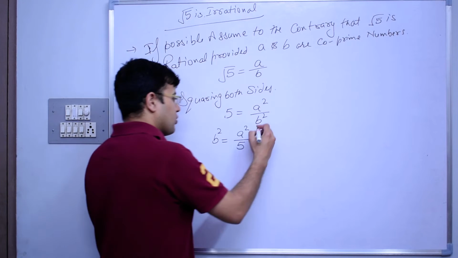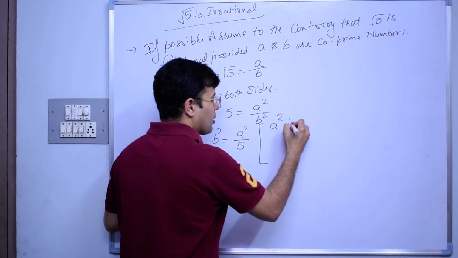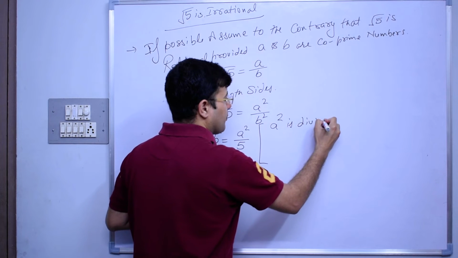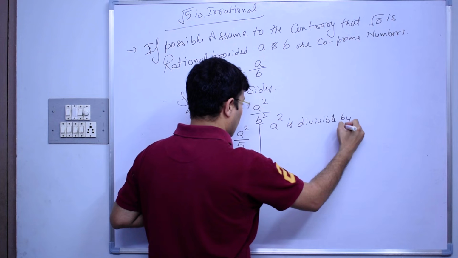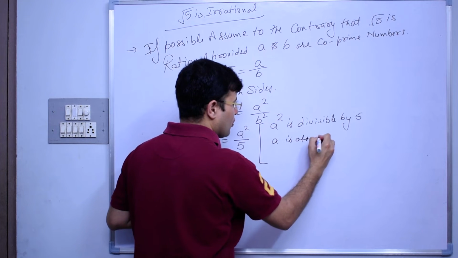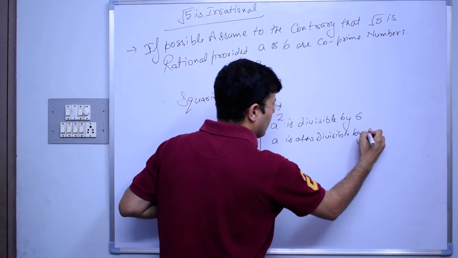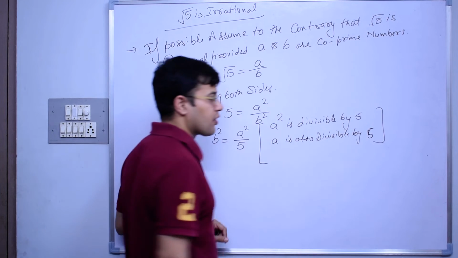Now with this, you can write that a square is divisible by 5, so a is also divisible by 5. Right?